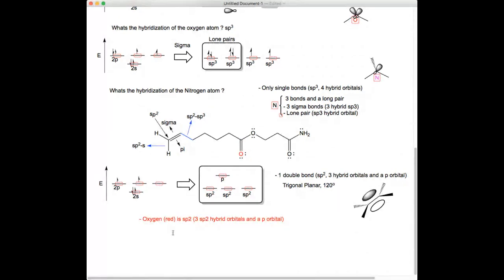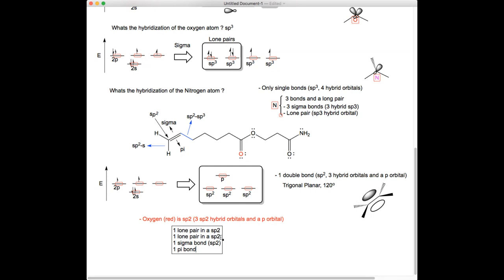So in that oxygen, I will have 1 lone pair in an sp2 hybrid orbital, another lone pair in an sp2 hybrid orbital, and 1 sigma bond through an sp2 hybrid orbital.